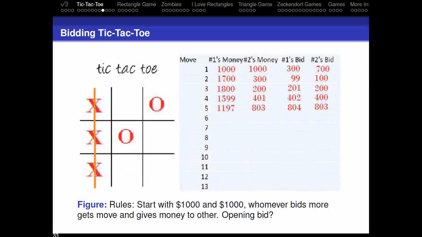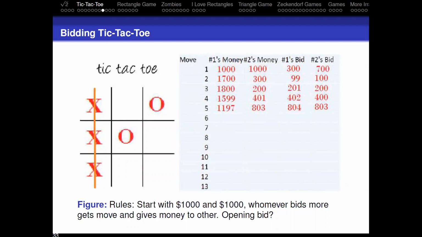If we bid so much for the first move that player 1 can then get the next 3 moves, we're in trouble. Or if we bid so much for the first 2 moves that player 1 can then get the next 3 moves, we're in trouble. So the goal is to try to figure out how much is too much.